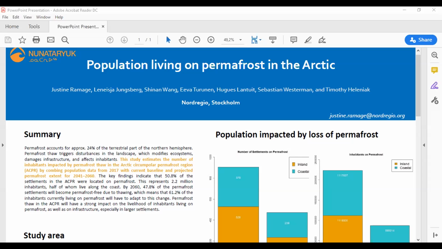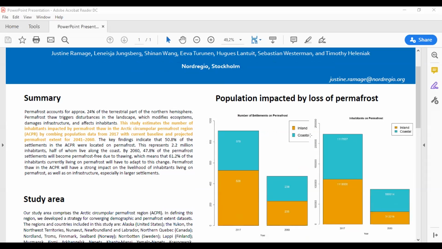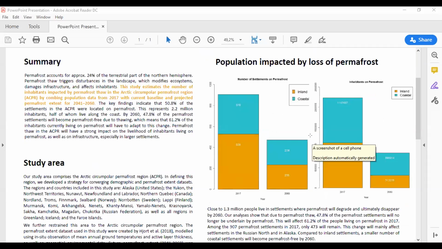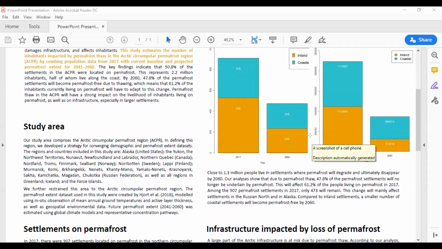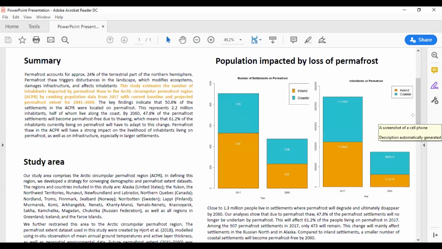Thank you, Justin. This was very interesting to look at these projections into the next decades. I have a question about this projection, because I understand you are using some climate models to estimate the future changes in permafrost area, but I guess you also use some demographic projections to estimate your upper right figures when you project this quite strong decline of populations living in these areas.